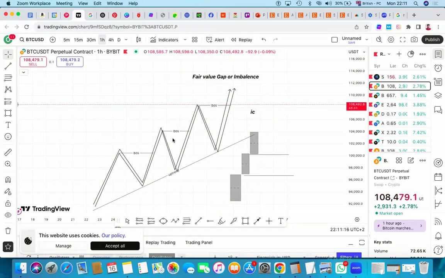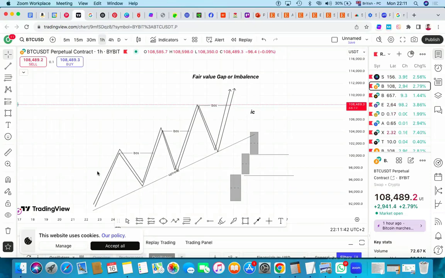If you are following our technical class, you will know that what we are doing is looking for entries. So when we open our chart, we first want to draw a market structure and identify the trend. In this case, what we have here is an uptrend.